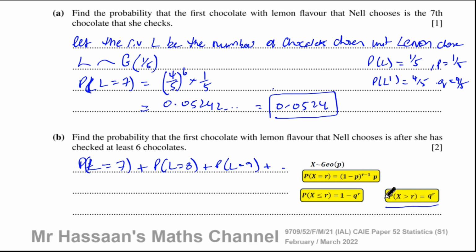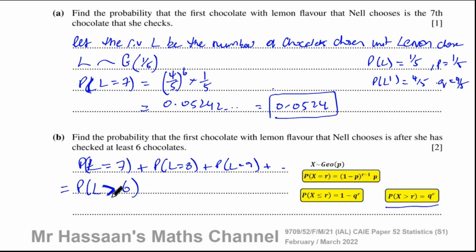So this is what we're looking for. The probability that L equals 7 plus 8 plus 9 and so on is the same as saying the probability that L is greater than 6, because remember it's a discrete random variable. So after 6 comes 7. So this would include 7, 8, 9.